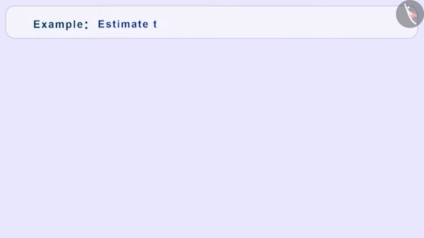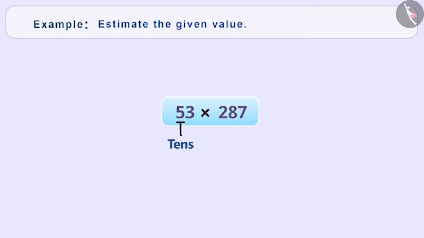Next example. Estimate the given value 53 into 287. While estimating multiplication, find the highest place value of both the numbers to be multiplied. Here, the highest place value in 53 is tens and the highest place value in 287 is hundreds. Then approximate the respective numbers to the highest place.